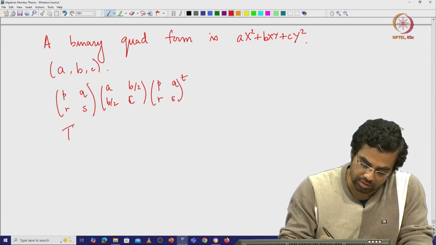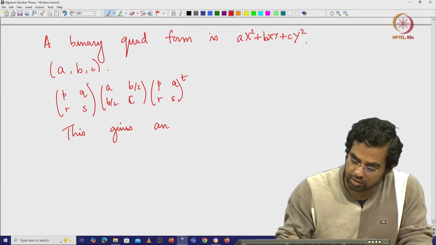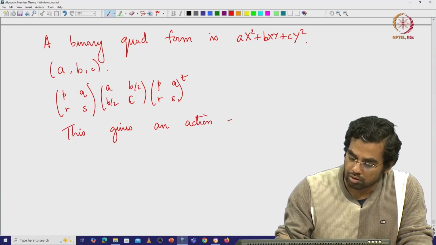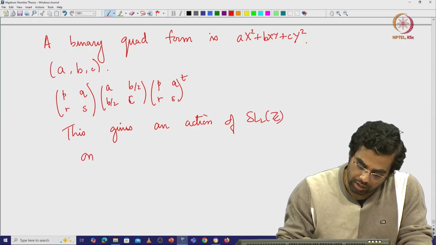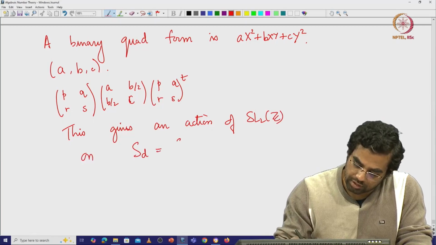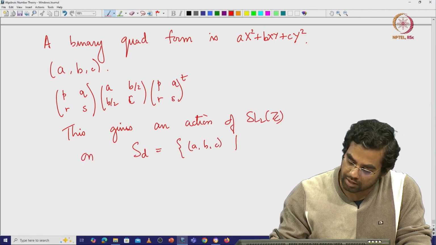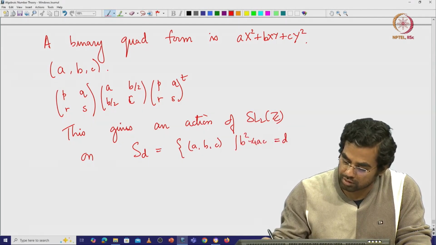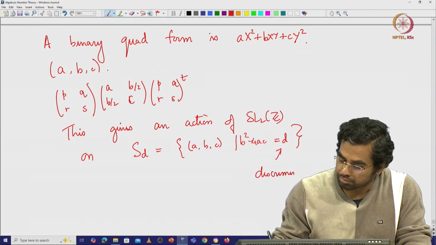So, this gives an action of SL2Z on S_D, which is (A, B, C) such that b squared minus 4AC is equal to D. So, this is the discriminant that we saw last time. Okay.